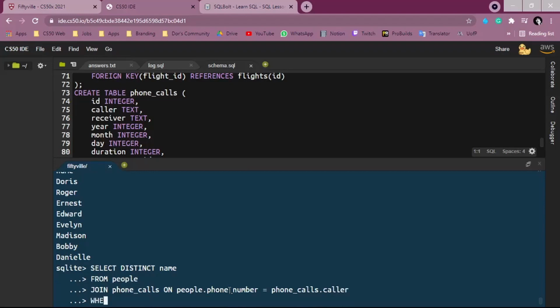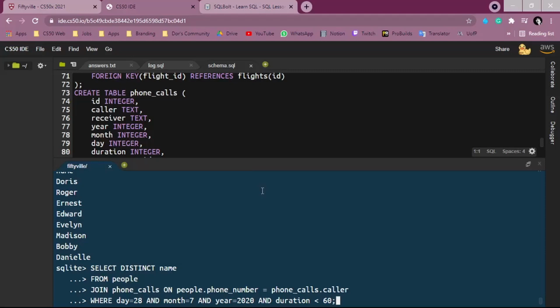And by this we can use our condition that day equals 28 and month equals 7 and year equals 2020, and we know that the duration of the call was less than a minute, okay. So we're going to use 60 seconds here.